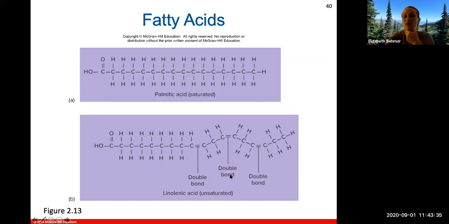Versus unsaturated fat, do you guys see these double bonds in here? In molecular chemistry, a double bond kind of causes the molecule to bend. And because of this random bending, unsaturated fats cannot easily stack up parallel on each other. So they're not saturated, they're kind of all over the place, and they're more loosely put together.